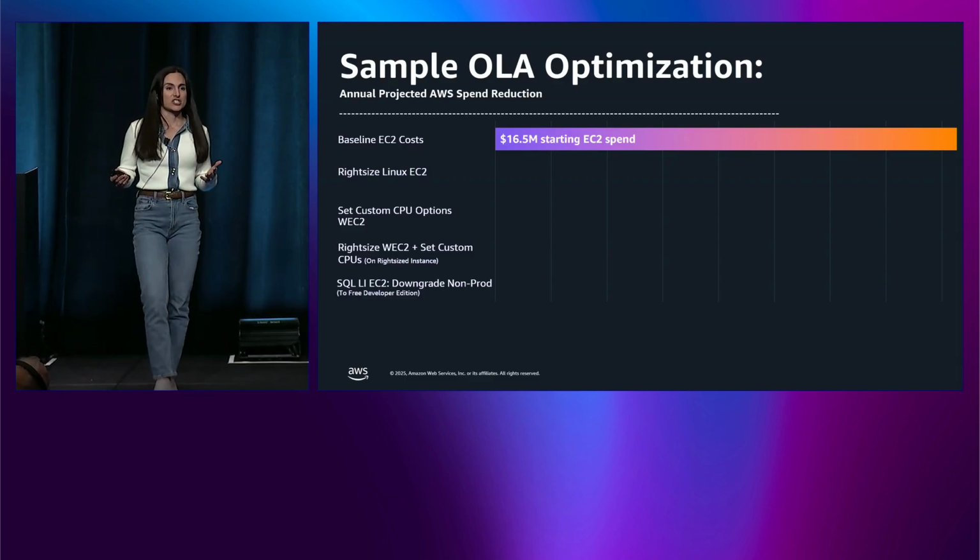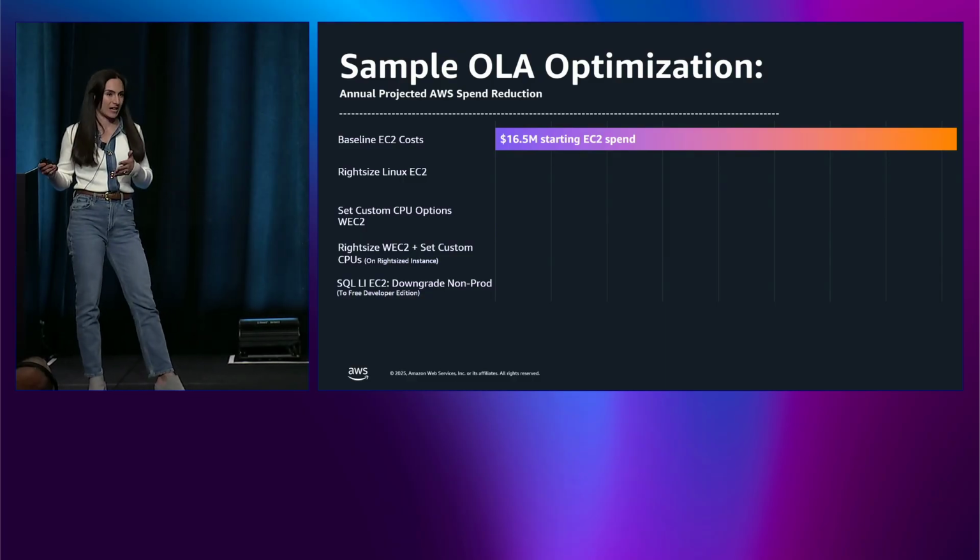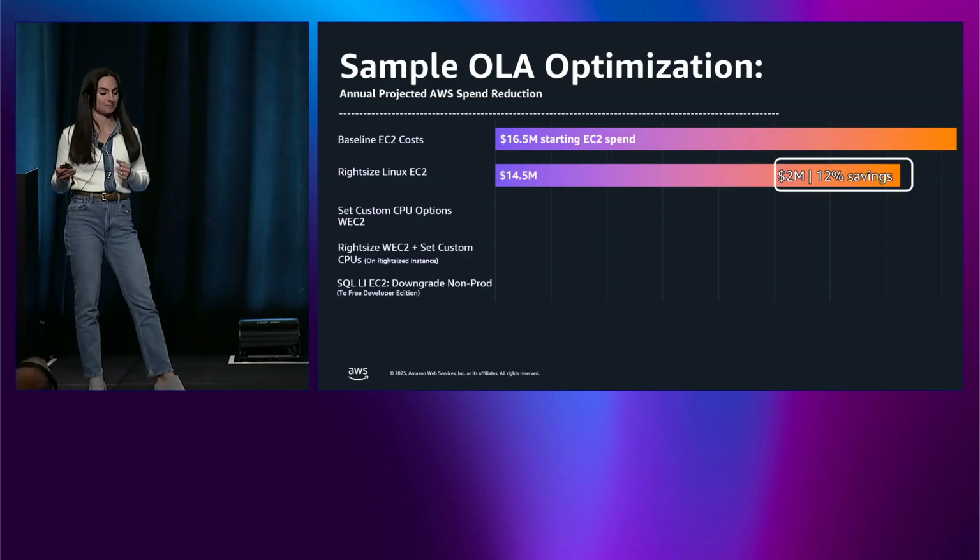So the first optimization that we are going to surface in an OLA is right-sizing your workloads. So this is the basic level 1 version of optimization where you are just running the most cost-effective instance that meets your performance needs. AWS has a variety of different instance families, and so a lot of times you're running one that doesn't perfectly suit whether that workload is compute, memory, or storage intensive, and just switching the family can reduce your costs.